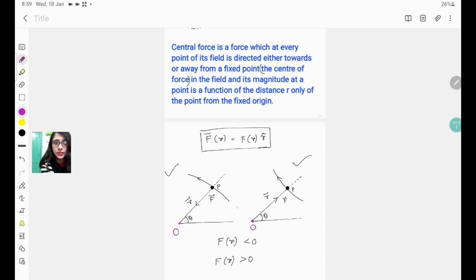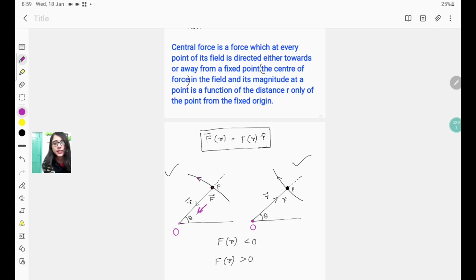In the first picture, the point particle P is moving in such a way, you can see the direction of its movement, that the force is acting along the line joining O and P, in this direction, right? That is towards a fixed point. The fixed point is O, and the force is acting towards the fixed point.